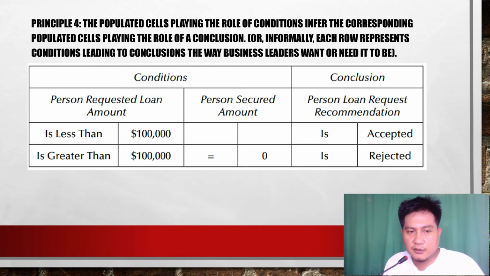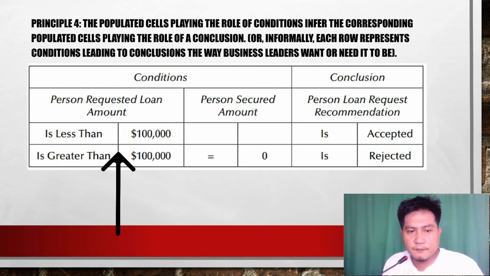Say for example in this table or in this structure, the person requested loan amount is less than 100,000. Okay. Then person secured amount is nothing. Then the answer is accepted. But if in the condition the person requested loan is greater than 100,000 and the person secured amount is 0, then it is rejected.